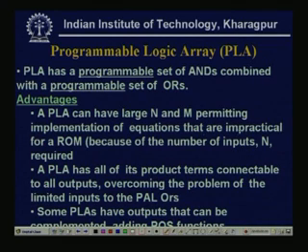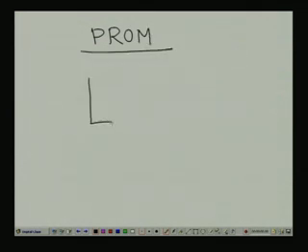Now actually in real life, the problem is that often we do not need all of the 2 to the power n min terms. If you remember that in the PROM, this is a fixed AND array.